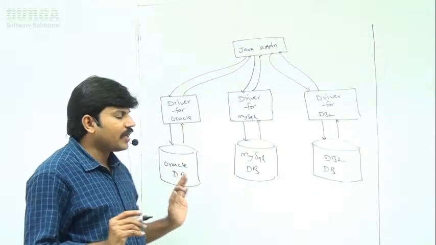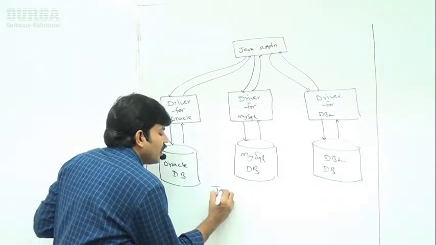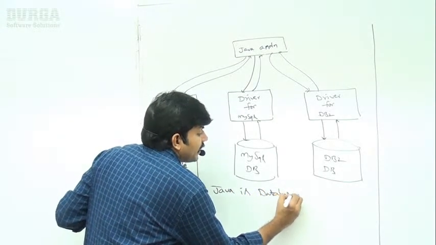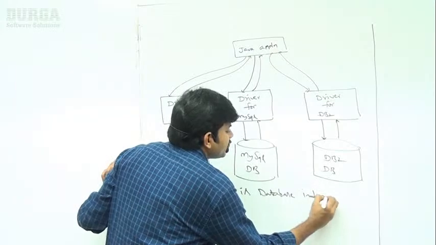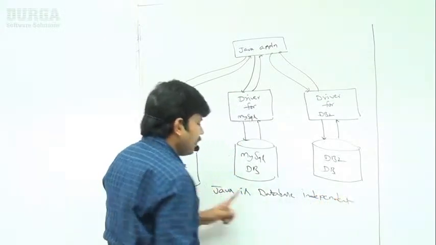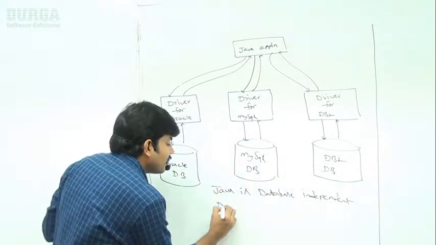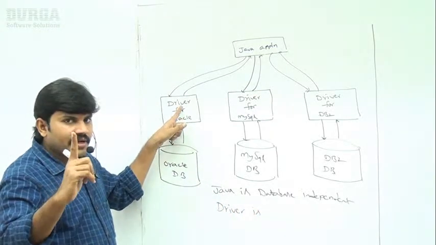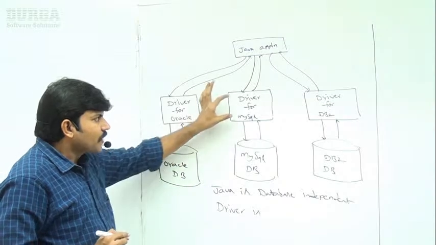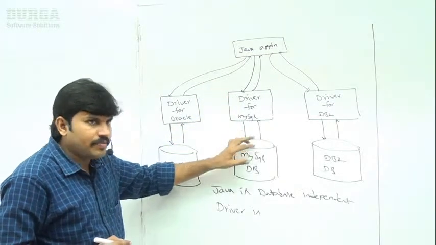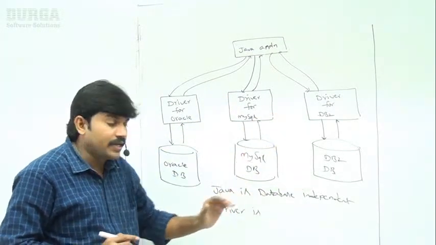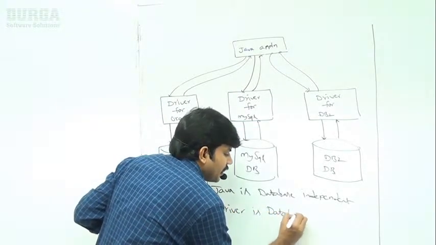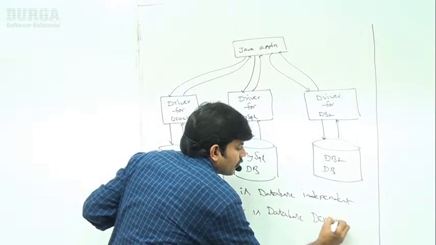So now, can I use the words Java is database independent? Java is database independent, but what about the driver, sir? A separate driver for Oracle database, a separate driver for MySQL database, a separate driver for DB2, right? Driver is database dependent.